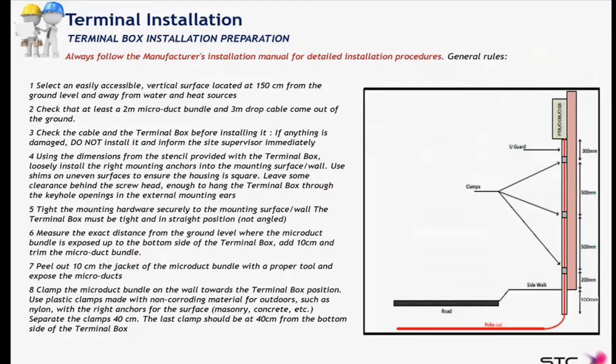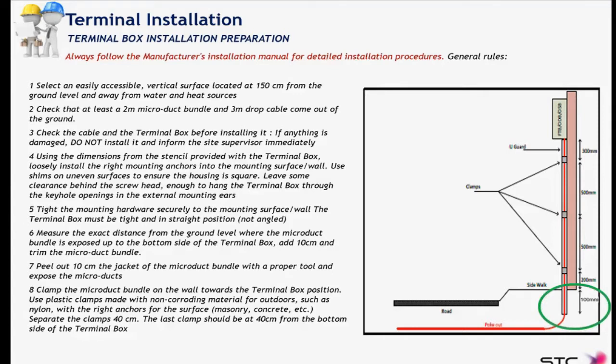On this slide, we're going to review the terminal box installation when it comes to the coupling with the U-guard. The important point here is the U-guard dimension and how you install it not to harm the ducts and cables. In the previous specification, this depth was 30 centimeters.